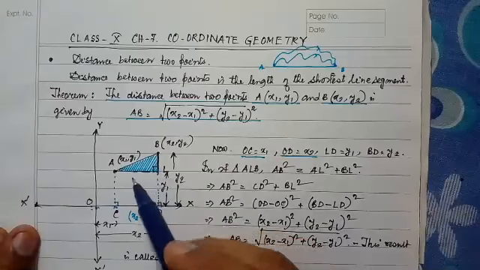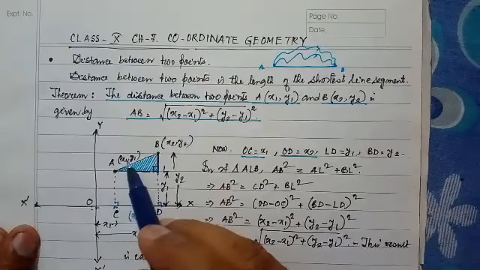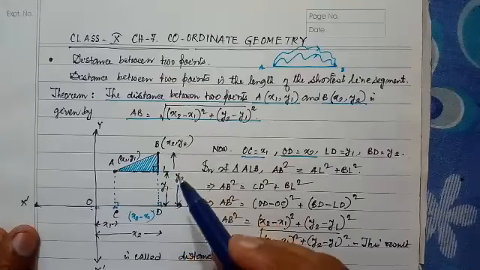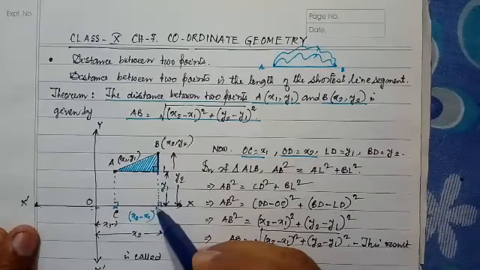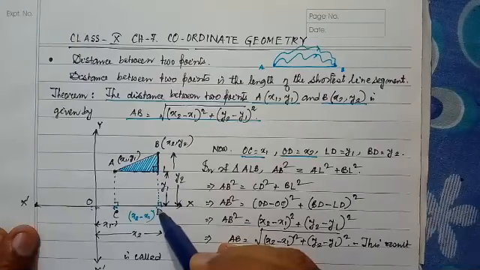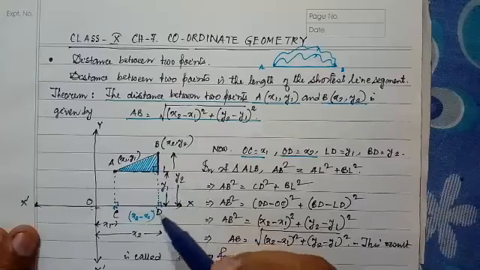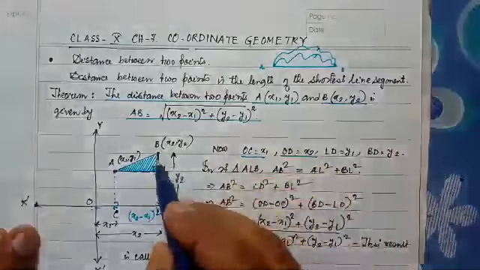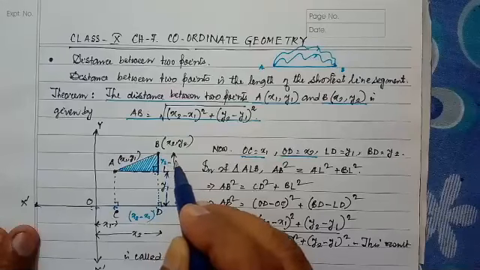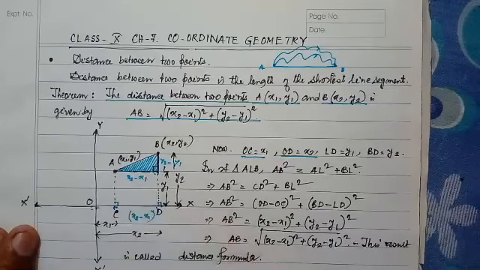And ordinate AC for the point A is y1 and BD for the point B is y2. So BD is y2, AC is y1, means LD is y1. Therefore BL is y2 minus y1. Therefore this distance is y2 minus y1 and this is x2 minus x1.